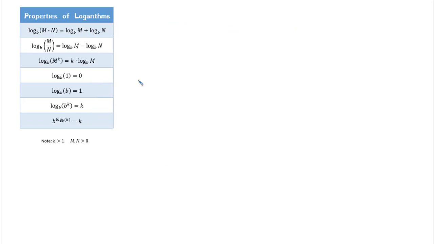Now let me go over the last set. These are properties, but they come through based, especially these two, just on the conversion. So if I had log base b of 1 equals 0, remember if that was an exponential, that meant b to the 0 power equals 1. This is your exponential property.